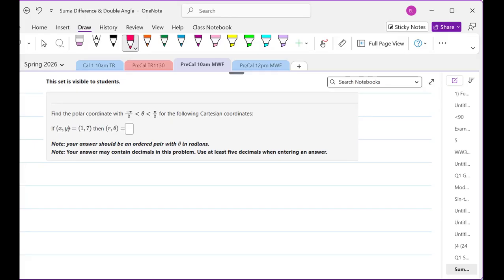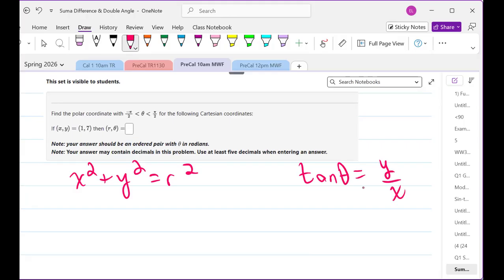All right, so we've got X and Y. We need R and theta. So we're going to use X squared plus Y squared equals R squared. And we'll use the tangent of theta is Y over X. So we have 1 squared plus 7 squared equals R squared.